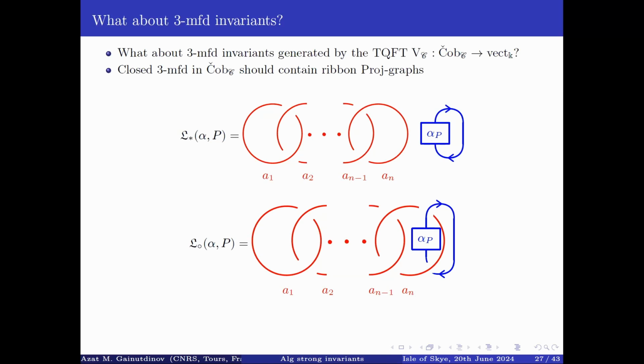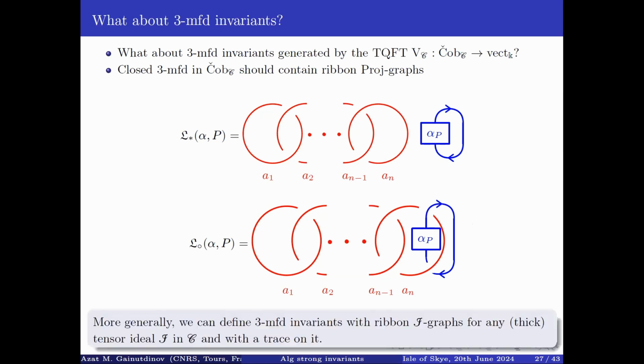So in some sense, Lubashenko invariants are contained in this TQFT by this trick. But there are much more interesting cases where the ribbon graph is entwined with a link. I will give you some examples of this, and I will explain why it's interesting.